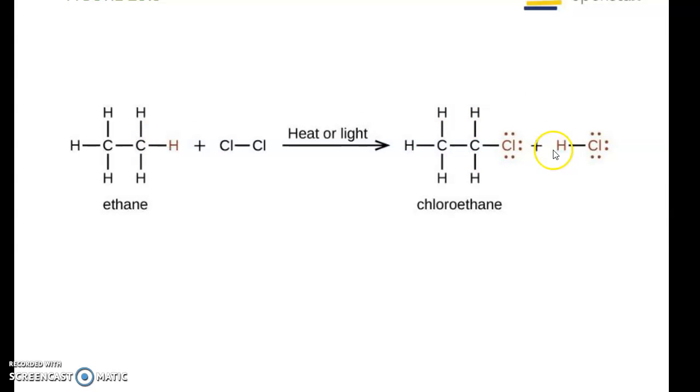Okay, and that forms this, for example, chloroethane with hydrochloric acid. And this is a gas, and this is also a gas. And if you have a much higher concentration of this and varying conditions, you can substitute other ones of these until you actually can get more substituents on here.